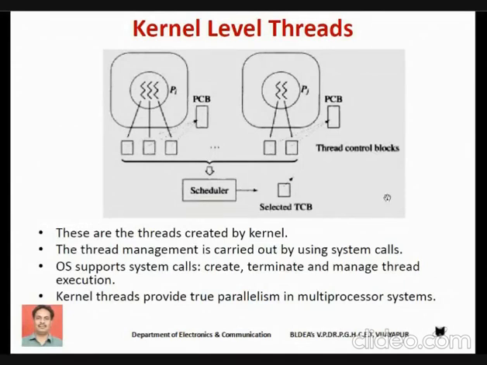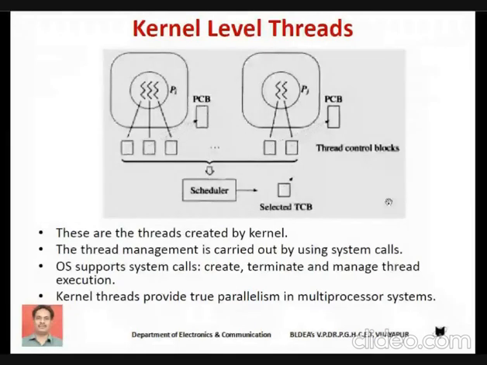It may provide system calls such as create, terminate, and manage thread execution. And remember, kernel level threads provide actual parallelism. True parallelism can be achieved by using kernel level threads in case we have multiprocessor systems.